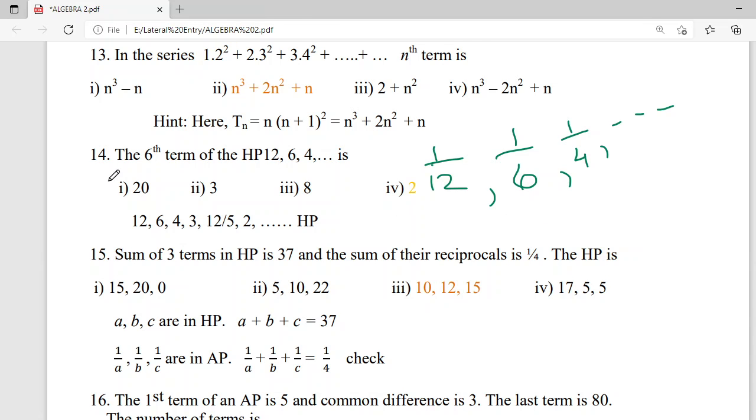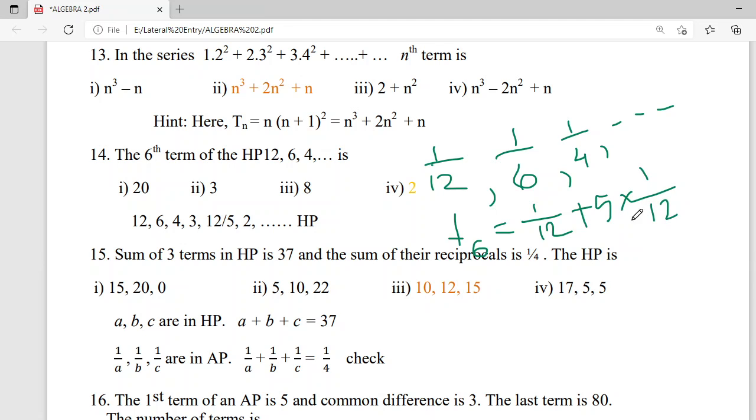So we have to find the 6th term of this AP. T6 is equal to first term 1 by 12 plus 5 into D, where D is 1 by 12.